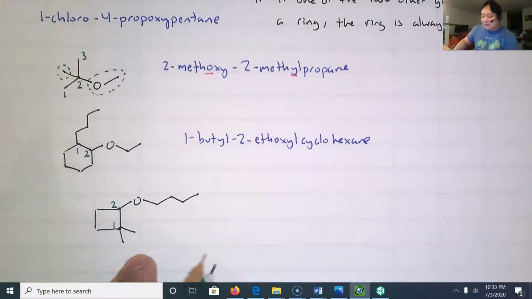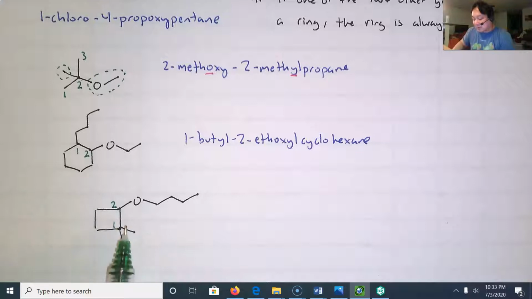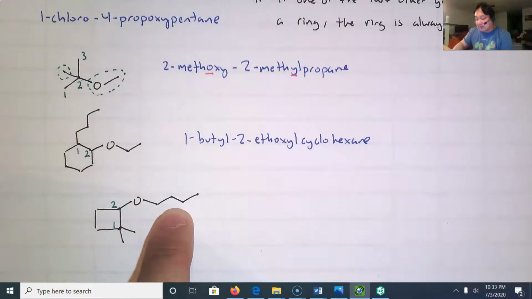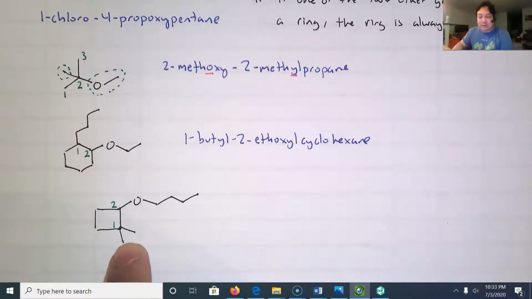Okay. If I number it the other way, I would have a substituent on 1, 2, and 2. So do you see how this is the better way to number it, even though butoxy is first in the alphabet before methyl or even dimethyl. Well, methyl. Okay.